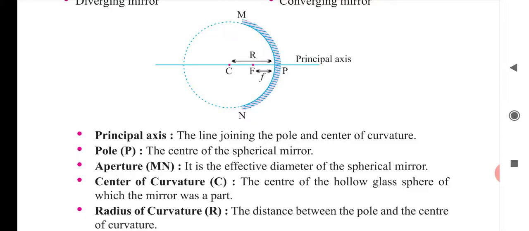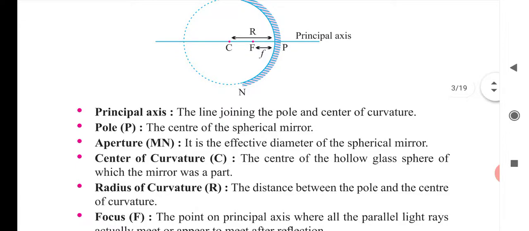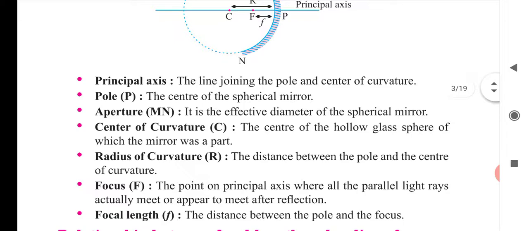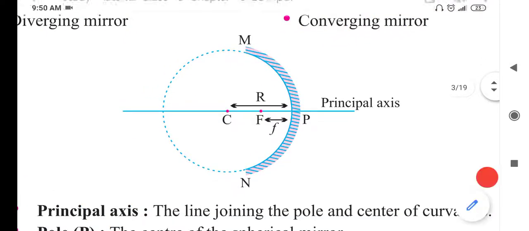Okay, next is radius of curvature. The distance between the center of curvature and pole of the mirror, we call the radius of curvature. The next point is the focus, or you can call it the principal focus. You can see this is a point on the principal axis.